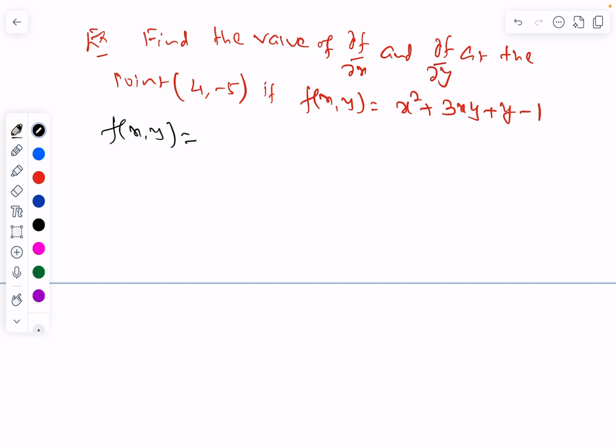So f(x,y) equals x square plus 3xy plus y minus 1.